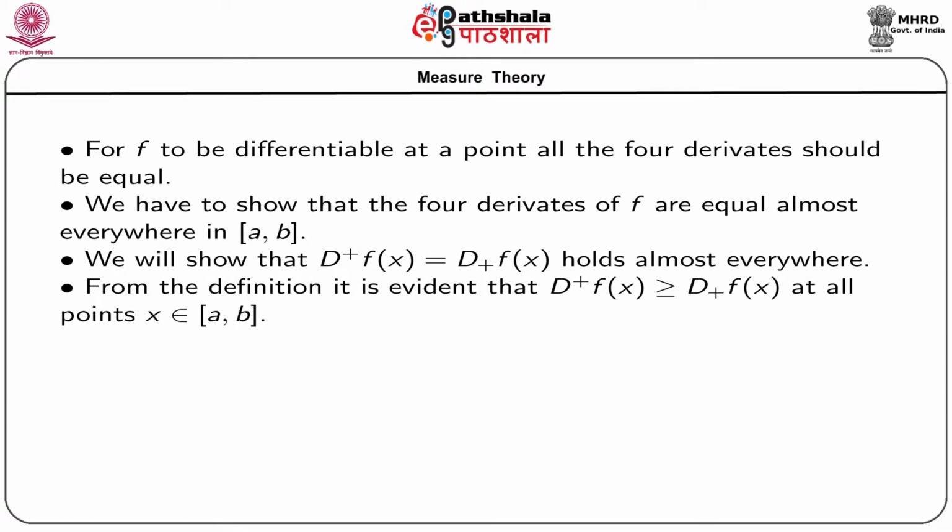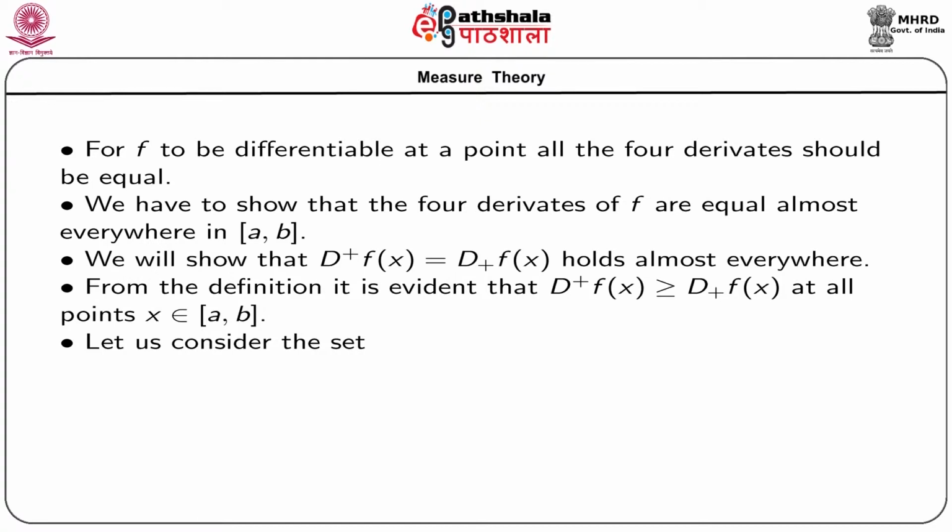From the definition, it is evident that d upper plus f x is greater or equal to d lower plus f x at all points x belonging to closed interval a b, because d upper plus f x is the lim sup and d lower plus f x is the lim inf of the same set of real numbers. So, let us consider the set capital A as the collection of all x belonging to closed interval a b, where d lower plus f x is strictly less than d upper plus f x.